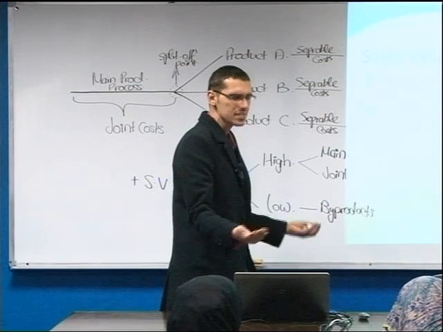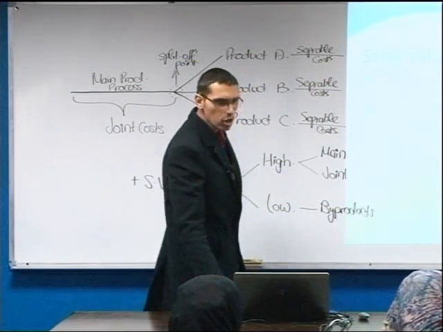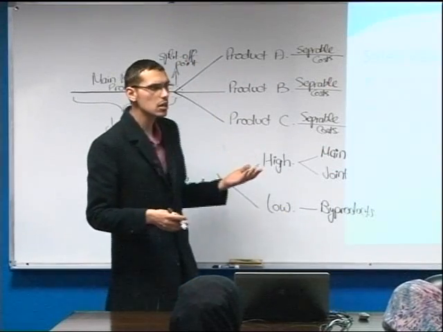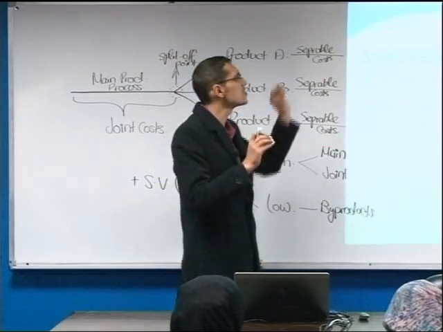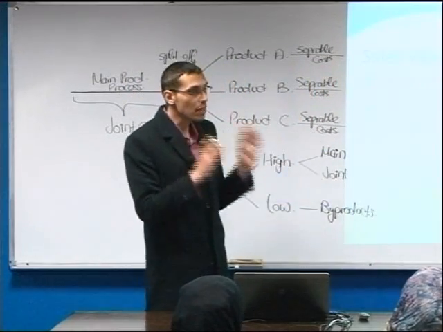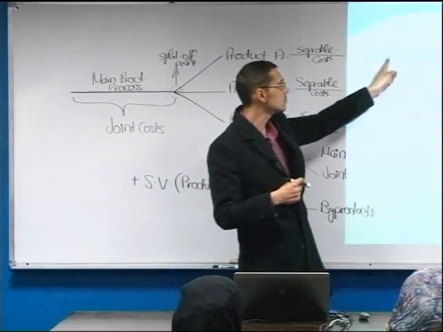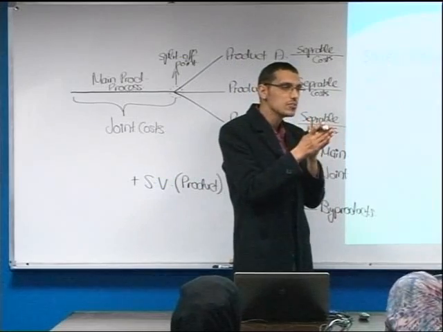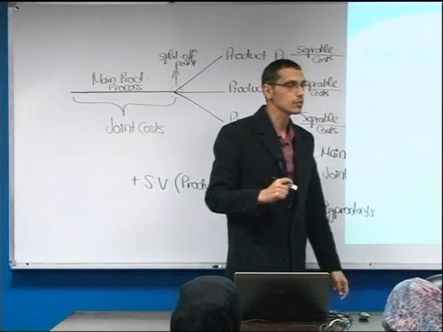Now, let us consider the sales value at the split-off point. What do you think we need to do in order to allocate the joint costs onto the different products? From the term itself, sales value at the split-off method, this method will use the sales value at the split-off or directly after the split-off point.